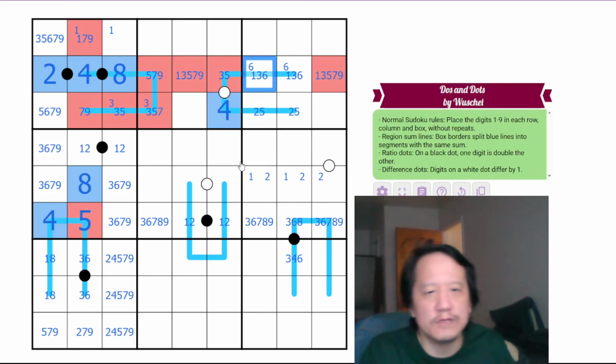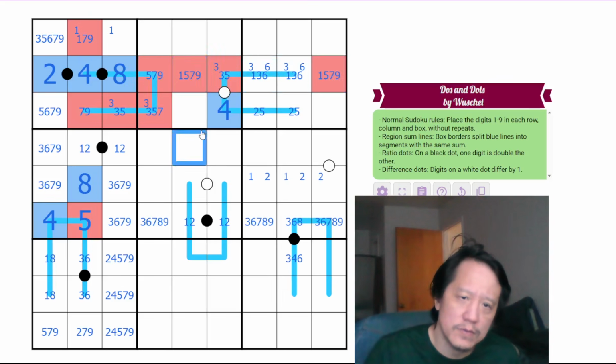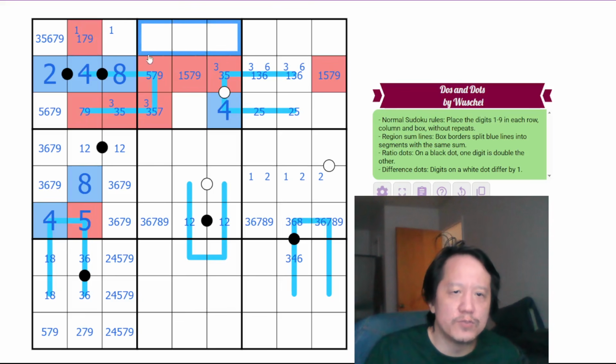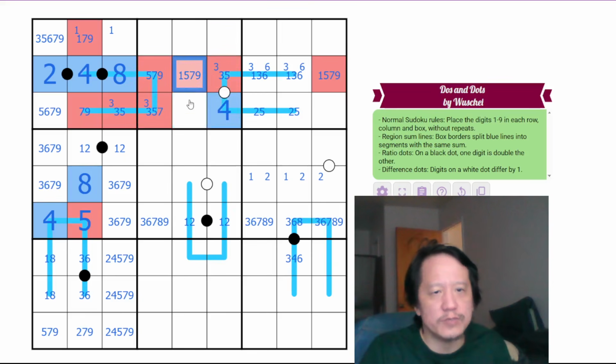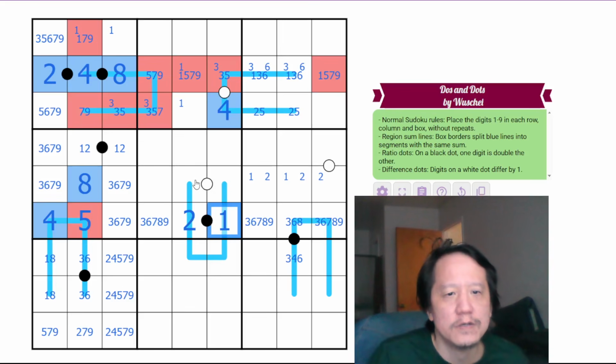And we're guaranteed one of these is 3. That eliminates 3 in the rest of the row. 1 is guaranteed here, which means where is 1 in box 2? It has to be one of these two. So this must be 1, which means this can't be 1, so that must be 2, which makes that 1 there. Okay, so good that we have that information.